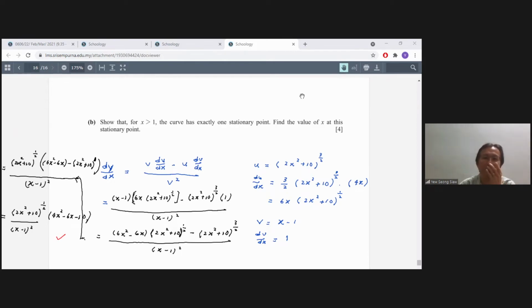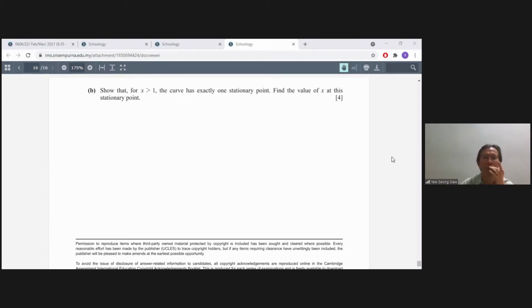Okay. Paste this one. So you make dy dx equal to 0. Just now, you remember what is the dy dx.